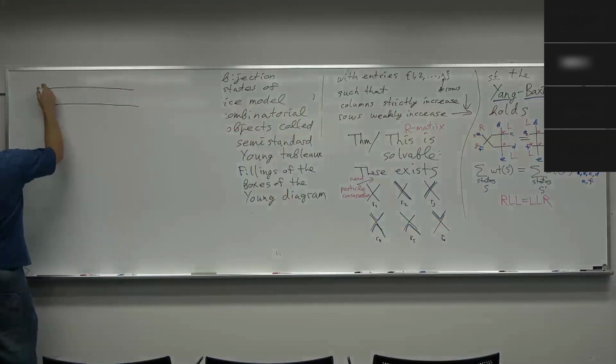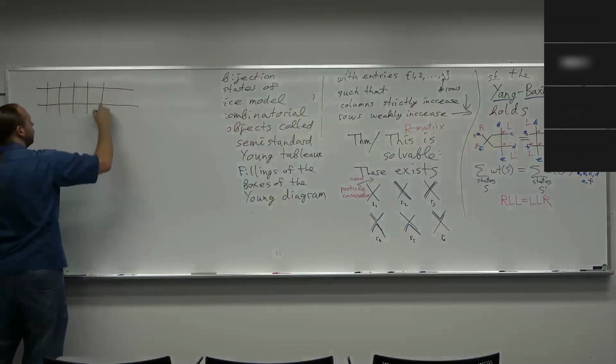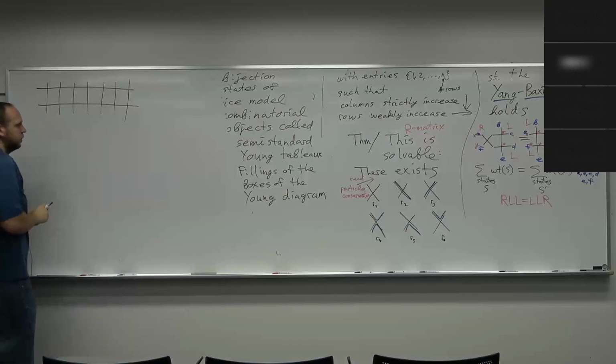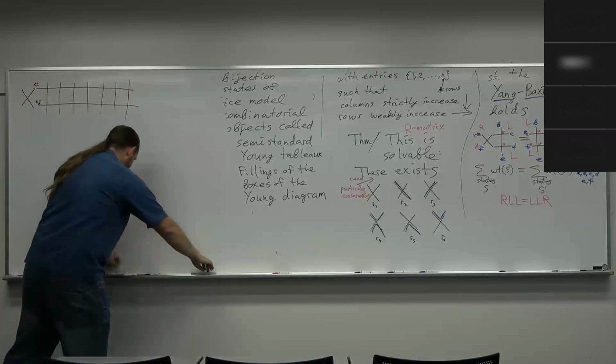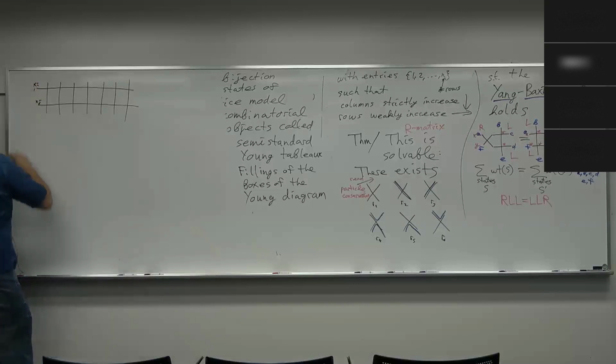Well, let's consider two rows, labeled by xi and xj. And then I attach my R matrix to it.